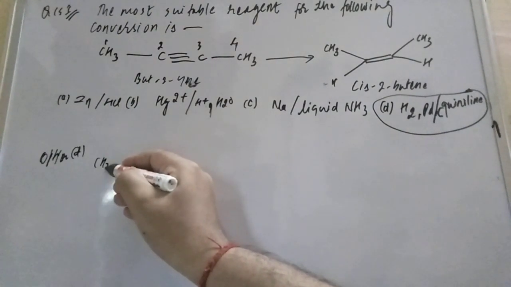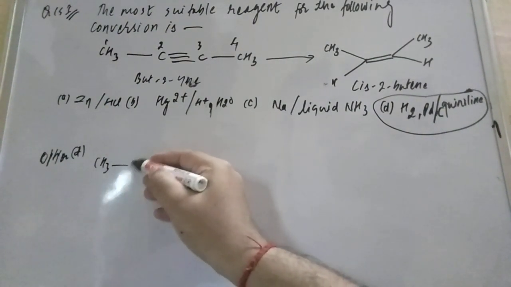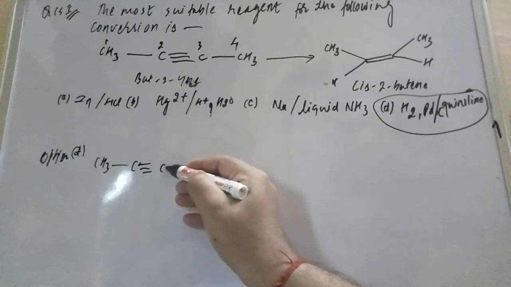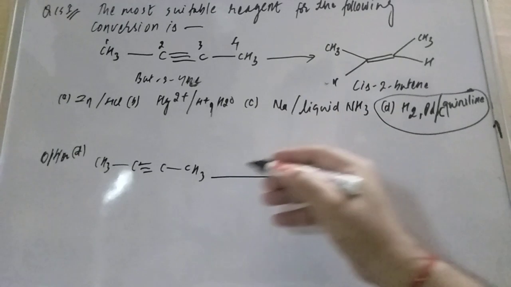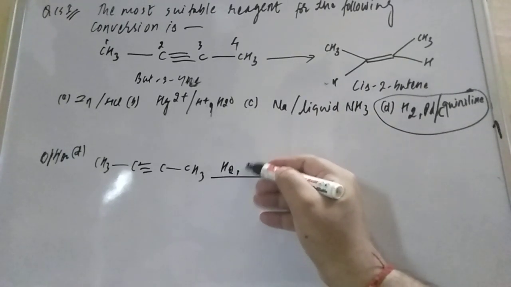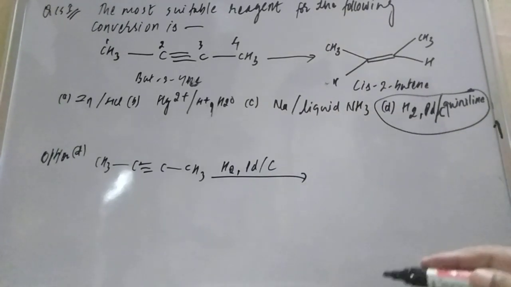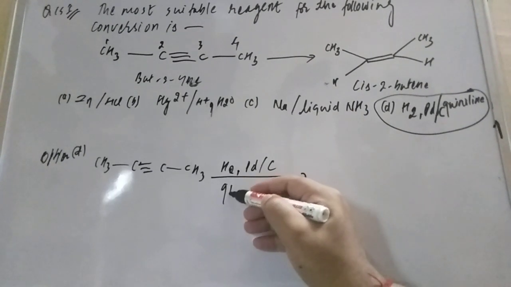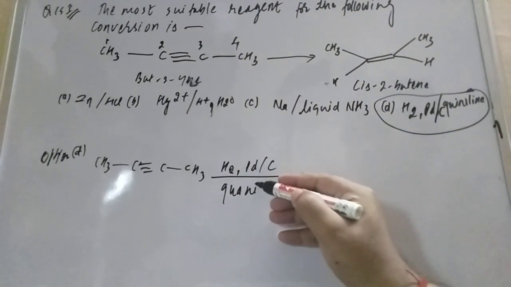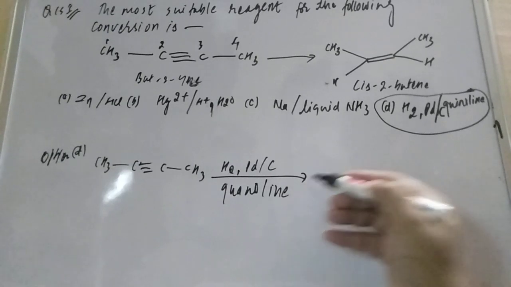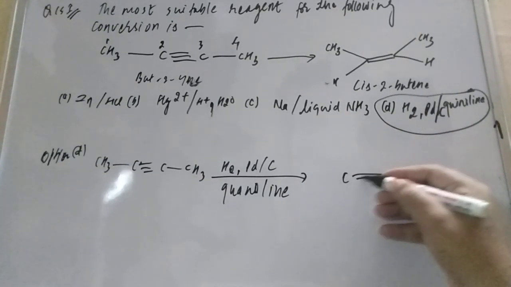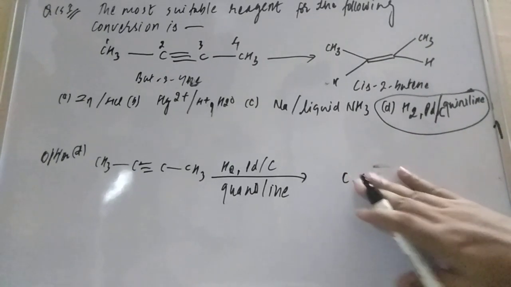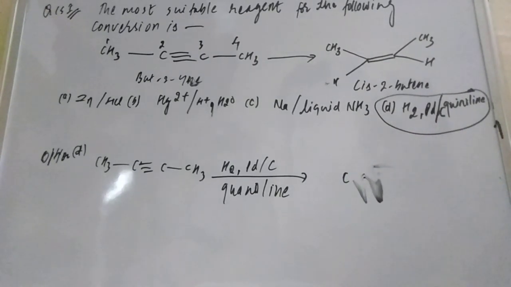Here is CH3, then C triple bond C, CH3. You are taking H2 and palladized charcoal, and you are taking quinoline medium. What you get is the cis alkene.